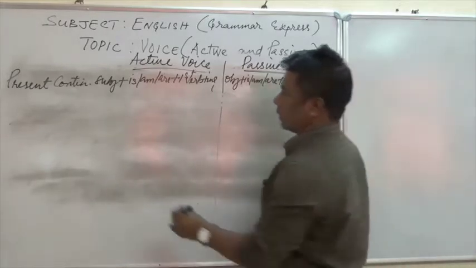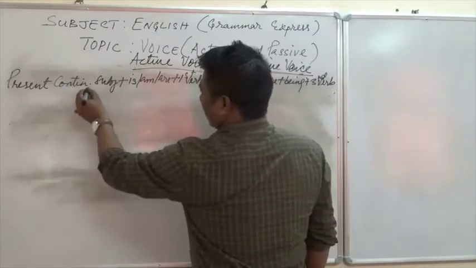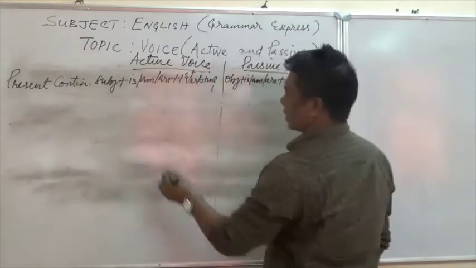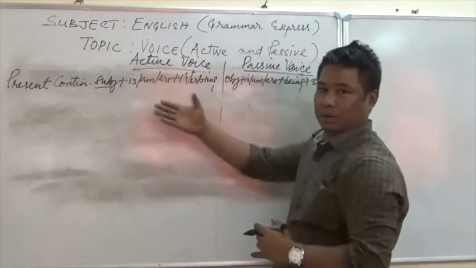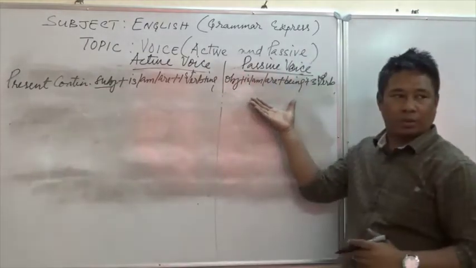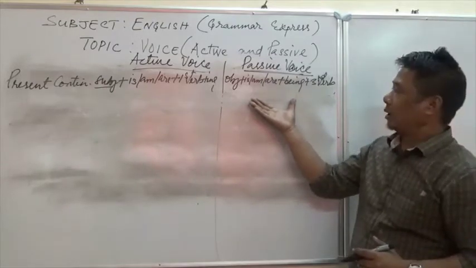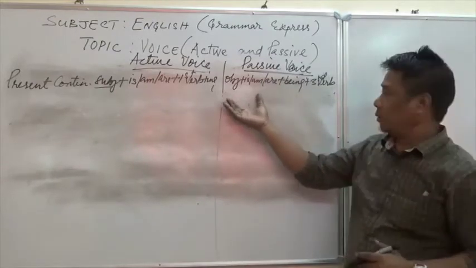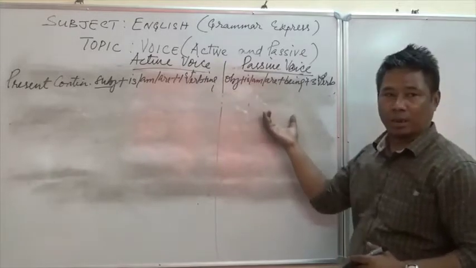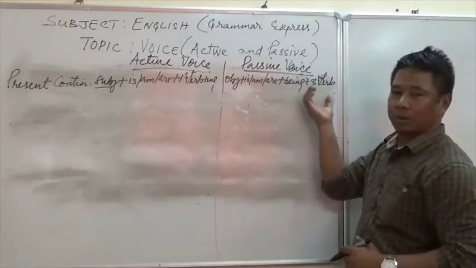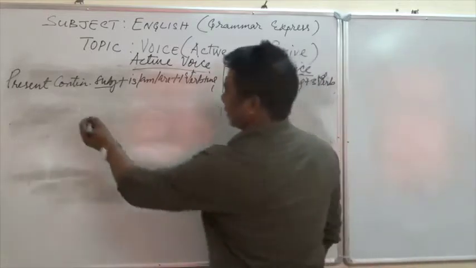For an example, taking present continuous tense, an affirmative sentence. In the passive, the object comes first, then is/am/are, then being, then the third form of the verb.